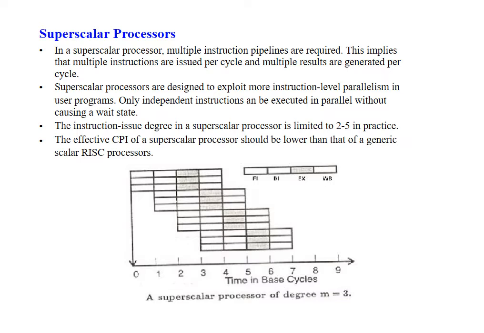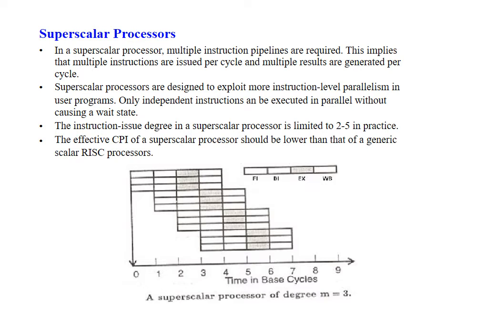Here is a Superscalar processor of degree m equal to 3. In a Superscalar processor, multiple instruction pipelines are required. That implies that multiple instructions are issued per cycle and multiple results are generated per cycle. Superscalar processors are designed to exploit more instruction level parallelism in user programs.